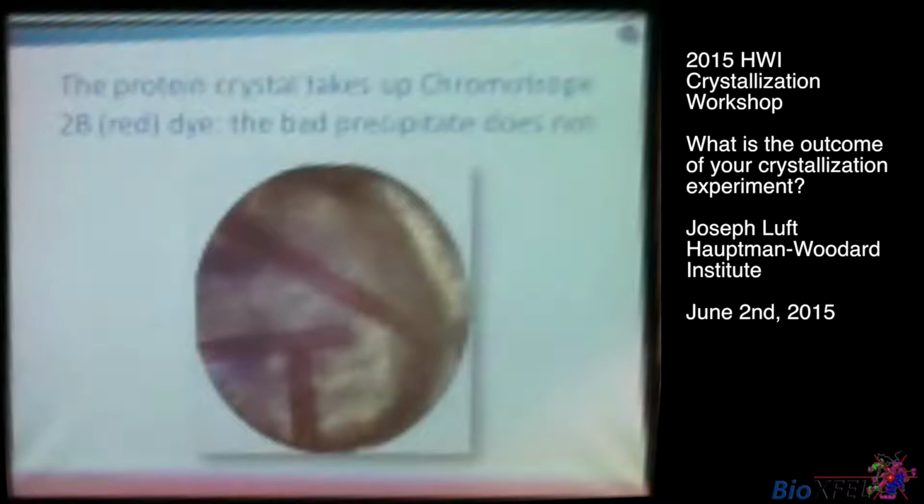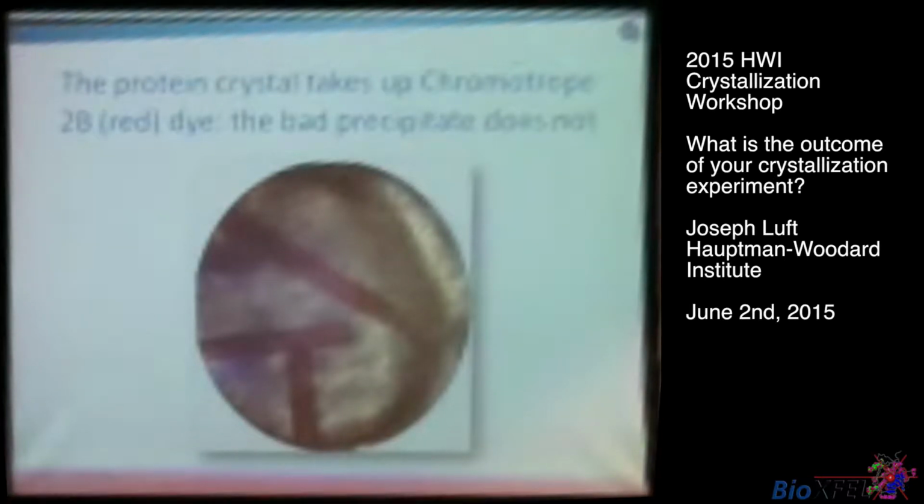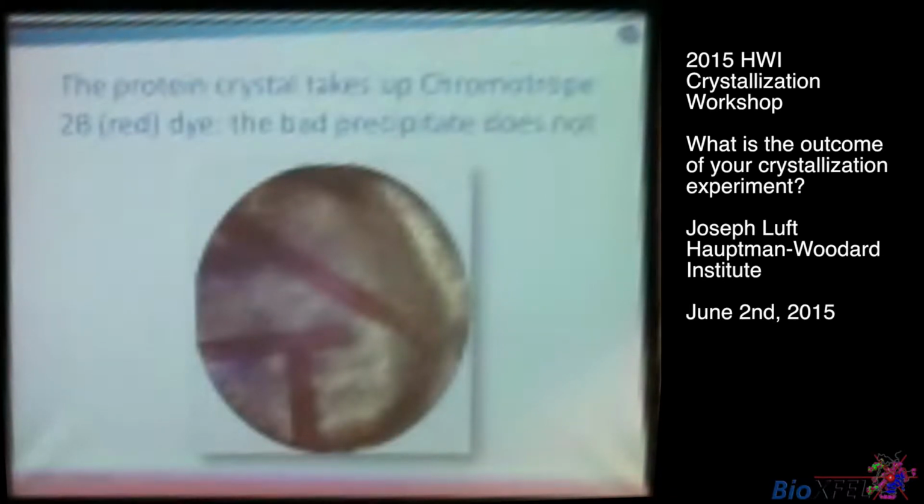This is just showing that you can actually have these bad precipitates, but then have protein crystals that form in the bad precipitates. And if you think back to the phase diagram that Ed was talking about, what can happen is you can be very highly supersaturated. So the protein crashes out of solution, and it takes you from this precipitation zone. It drops the protein concentration down, where you can actually fall into this metastable zone, where you can have a nucleation event and crystals can form and grow.